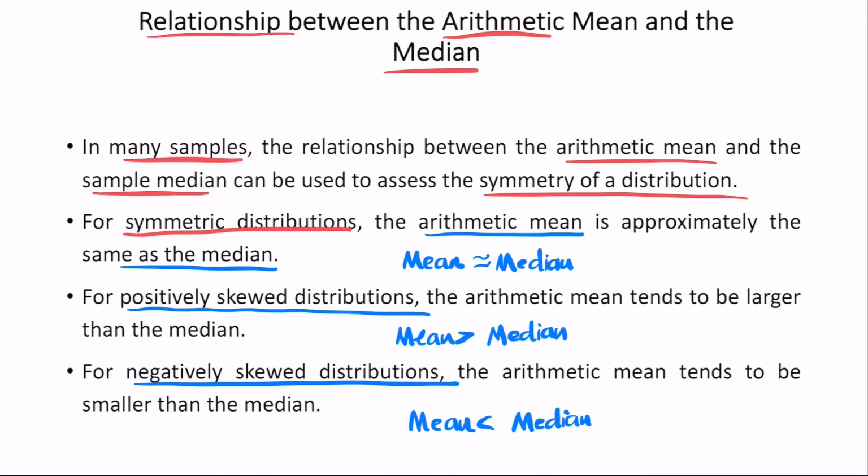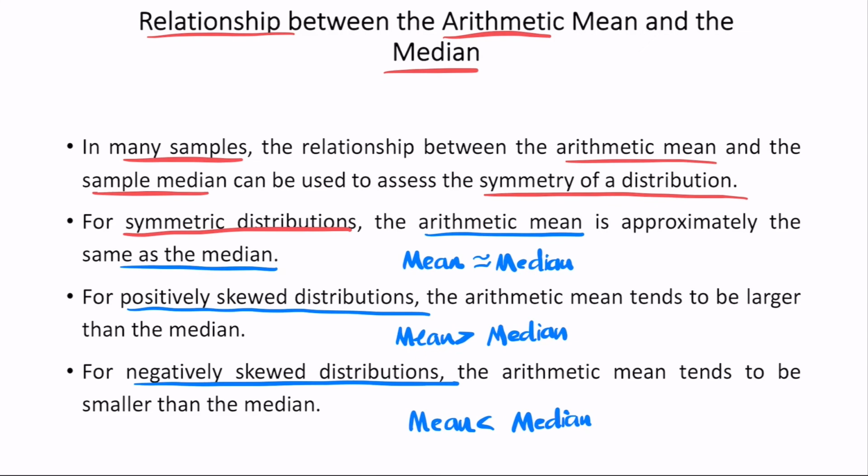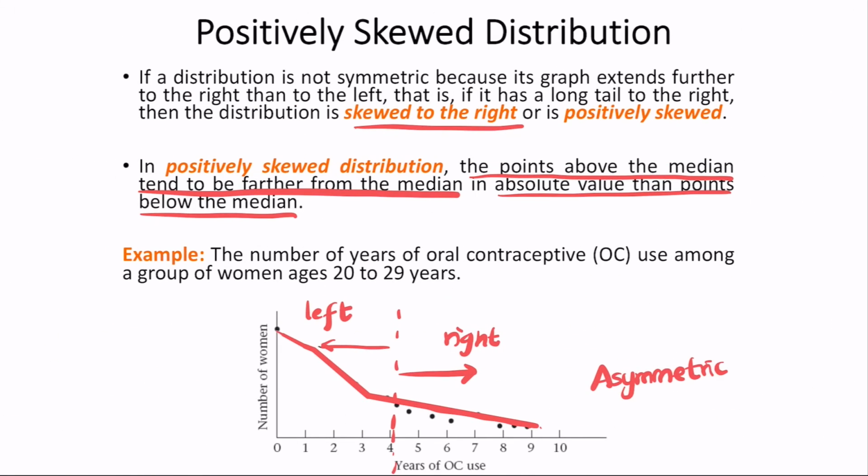One way of remembering this is to look at the distribution itself and think about the values there. The mean in general always comes wherever the values are much larger. The median generally comes wherever there are more observations.